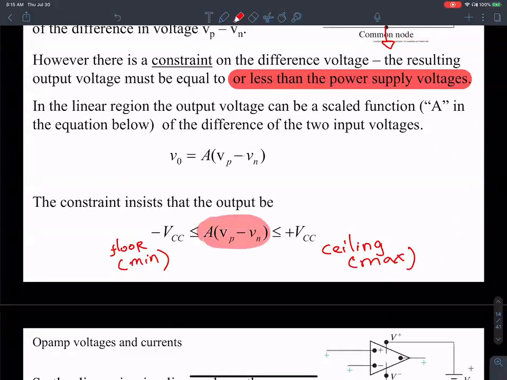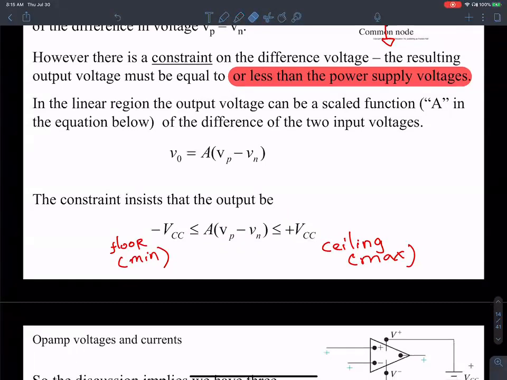The output voltage can only go as far up as the positive power supply, and as far down as the negative power supply. These are the limits, the ceiling and the floor, for how big and small the output voltage can get.